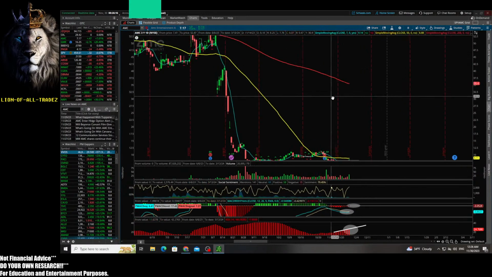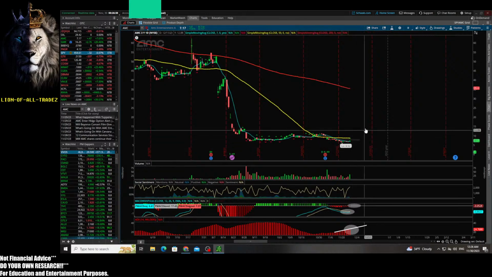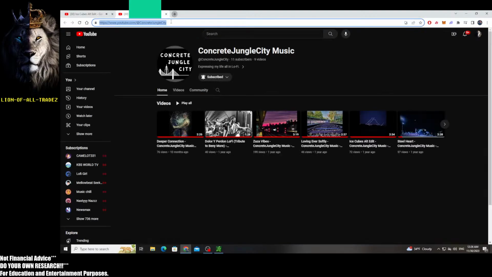And mind you, there's a lot of gaps to fill. Huge gaps. Look at that. You could tell that the 200-day simple moving average is at $35. Jeez. Yeah, that's nuts.